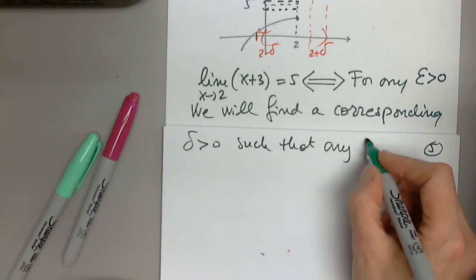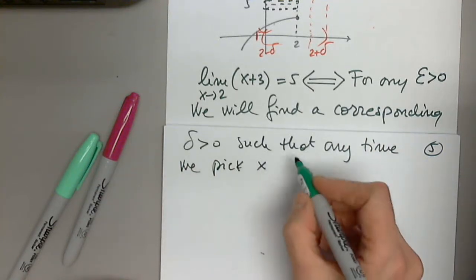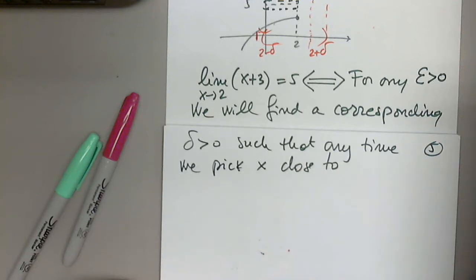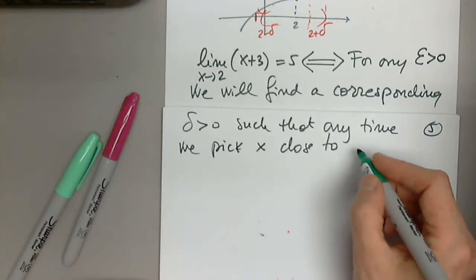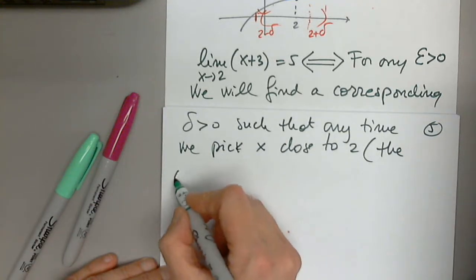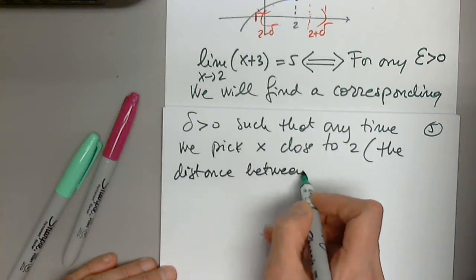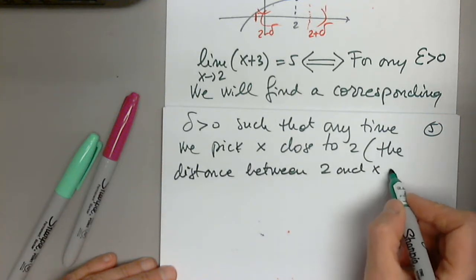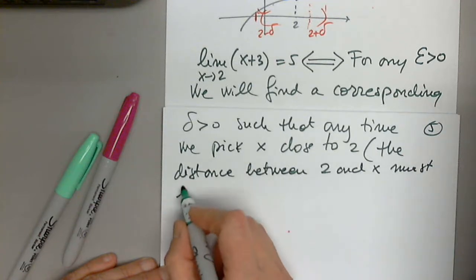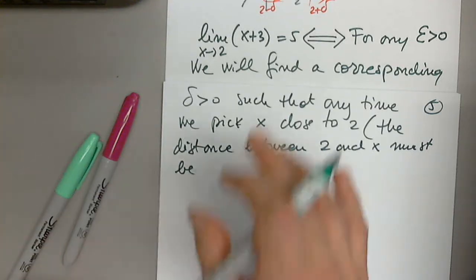anytime we pick x close to 2, so I will write in parentheses the distance between 2 and x must be less than, let's go back.